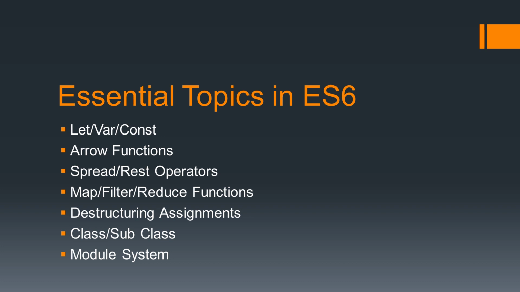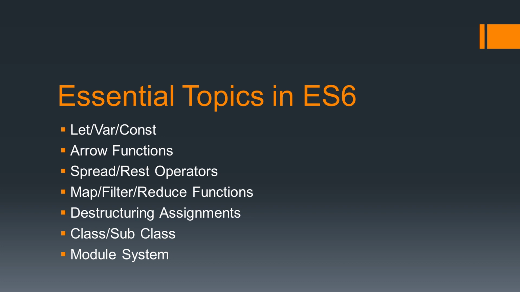Then, spread operator. We can use the spread operator to get the values of the array instead of using a for loop or any other method. Rest parameters. The rest parameters are used to get the arguments of an array and return a new array.